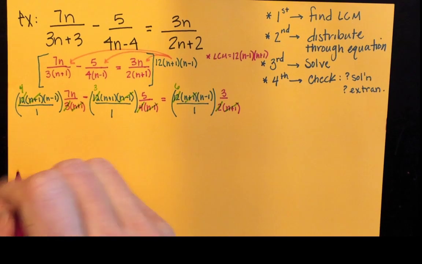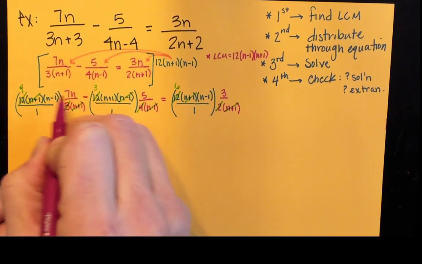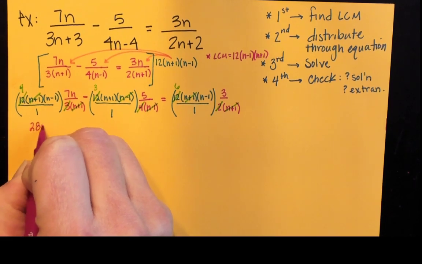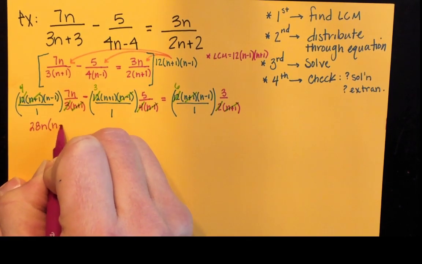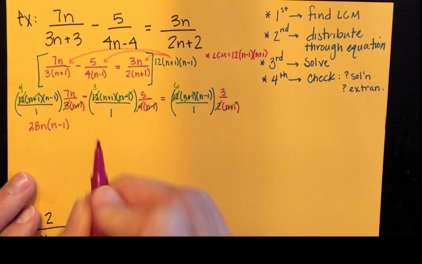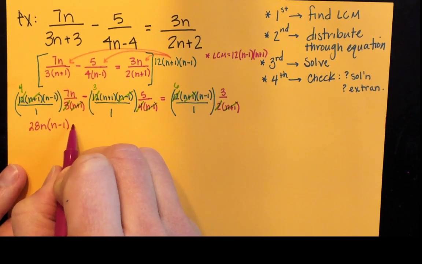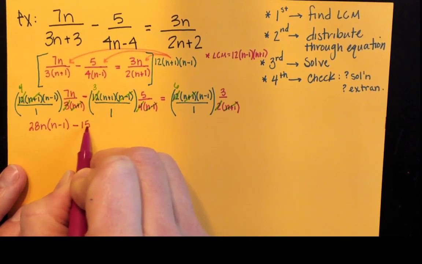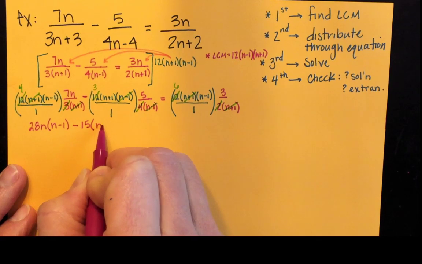So now we end up with 4 times 7n, which is a 28n times n minus 1. We have a 3 times 5, so there's that minus 15 times n plus 1.